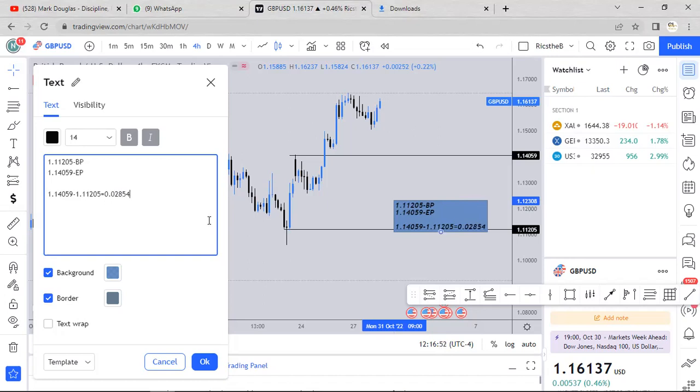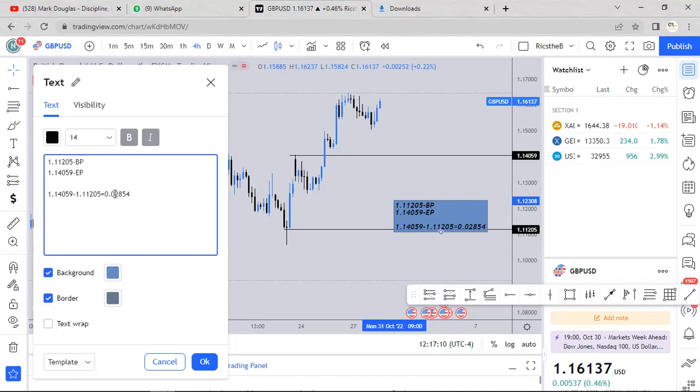So I said earlier that a pip is basically the fourth decimal place. So what you're going to do is move this point from where it is here 4 times, just to be able to know how many pips this market moves.